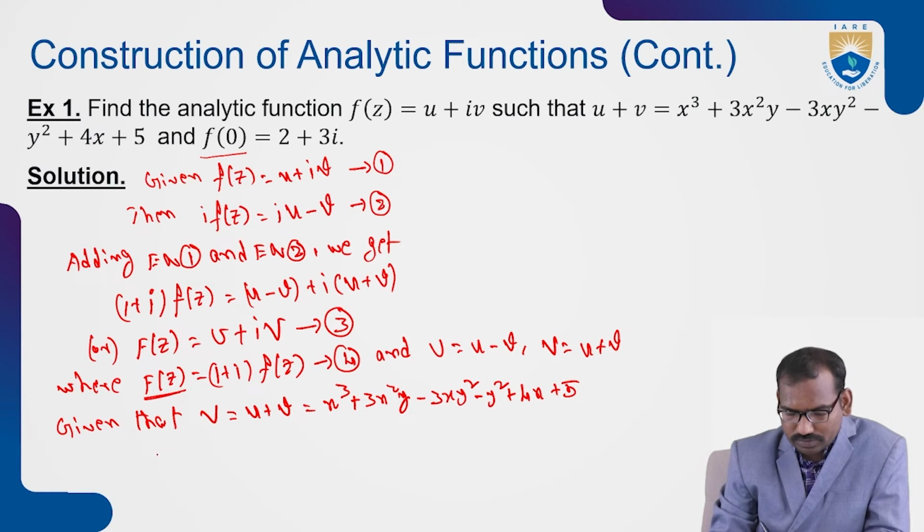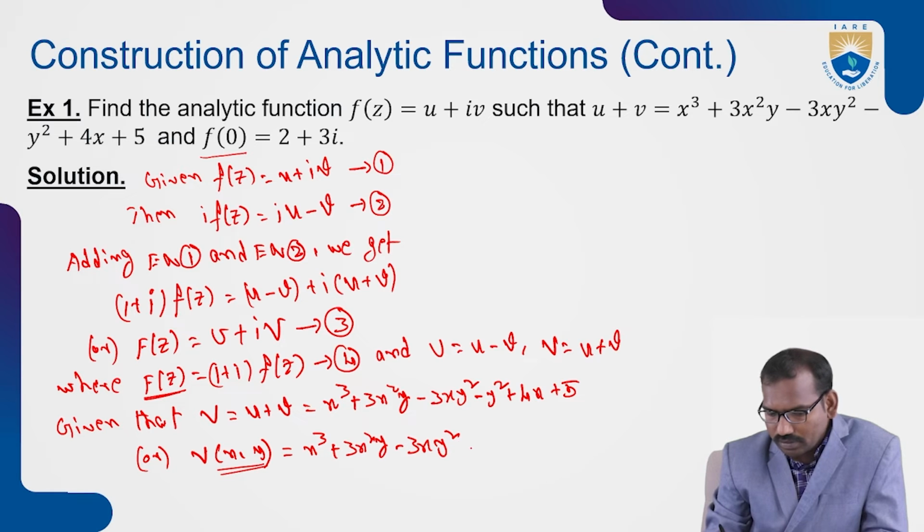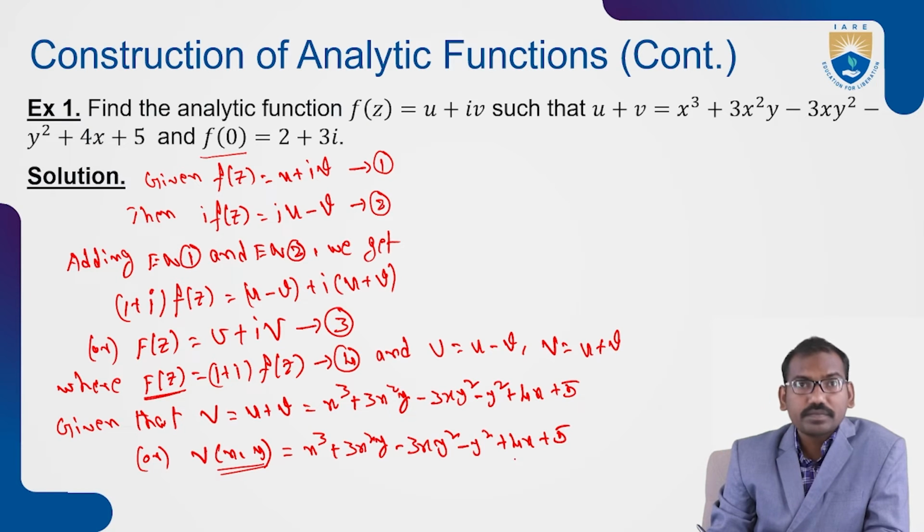So I am writing the same expression with the symbols. V is a function of x comma y, so I am writing it in terms of xy: x cube plus 3x square y minus 3x y square minus y square plus 4x plus 5.